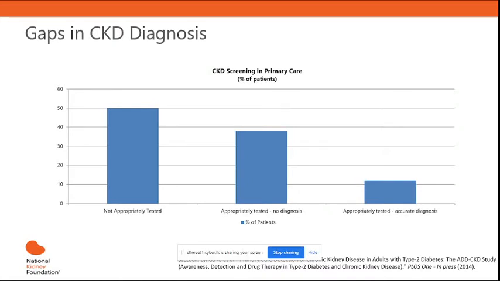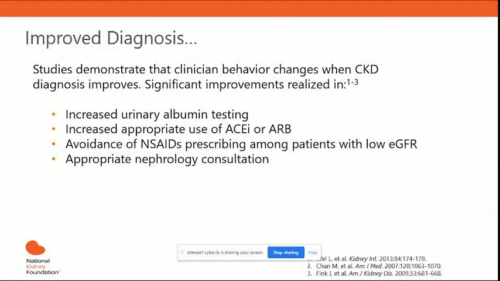Because patients with diabetes and hypertension are the major contributors, and they are followed up in medical clinics or by general practitioners, but in most instances they are not screened for CKD. And about 30% of the time they are tested, but no appropriate diagnosis of CKD is made, and only about 10-12% of patients are tested and diagnosed as having CKD.